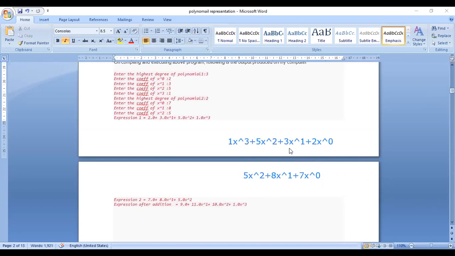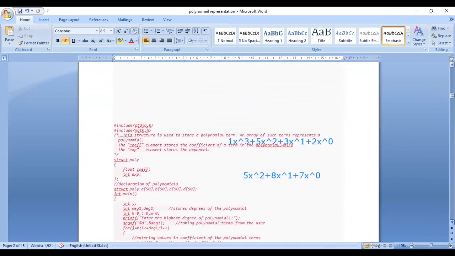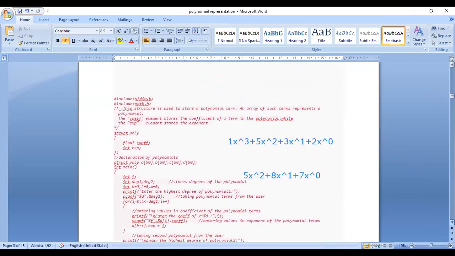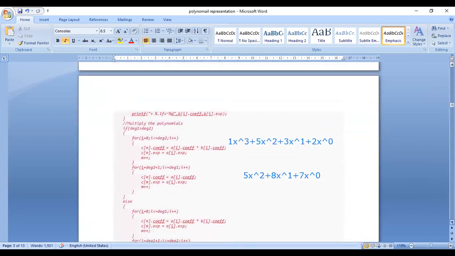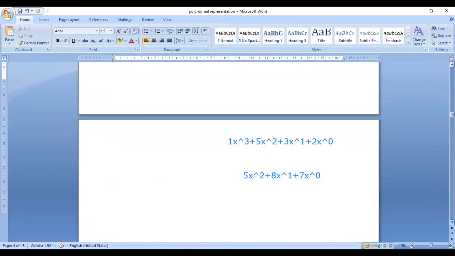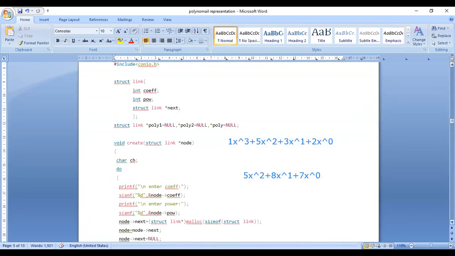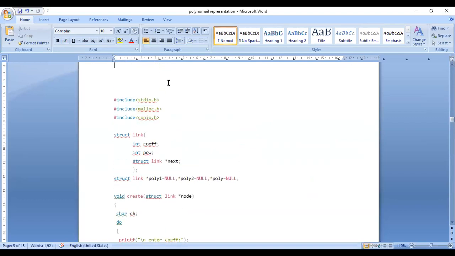This is array representation. Previously, I have talked about the linked list representation. So you can see the same thing; you can do the multiplication also. So you can see here. int coefficient, int power, struct link star next.